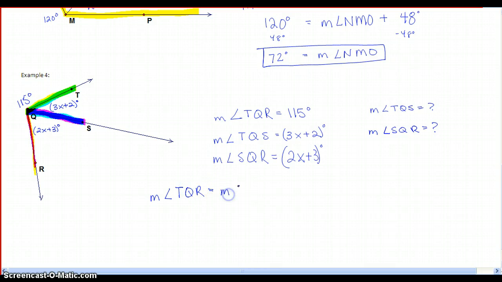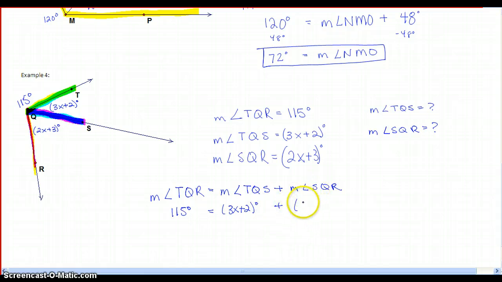It was formed by the measure of angle TQS plus the measure of angle SQR. We were told that this is 115 degrees, so substitute that in. TQS is 3x plus 2 degrees, and the measure of SQR is 2x plus 3 degrees.